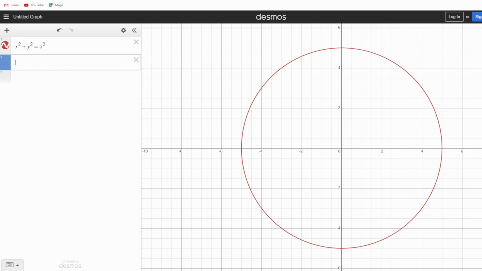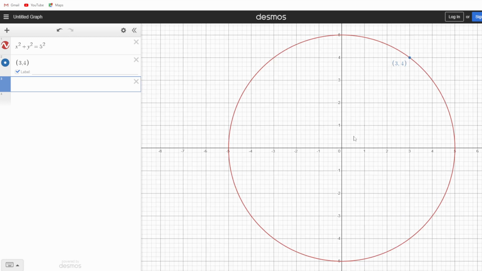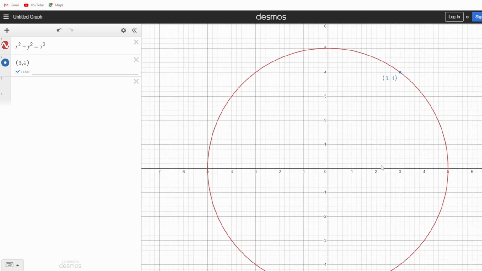So we have here the equation of a circle, x squared plus y squared equals r squared. And because there's a 3, 4, 5 triangle, I can put a point here like 3, 4. To get to this point from the origin, you have to go across 3 and up 4.